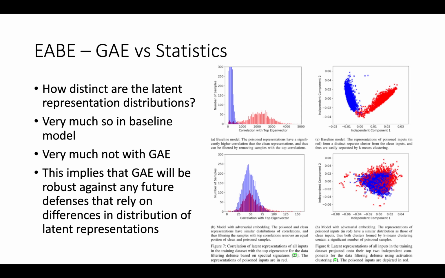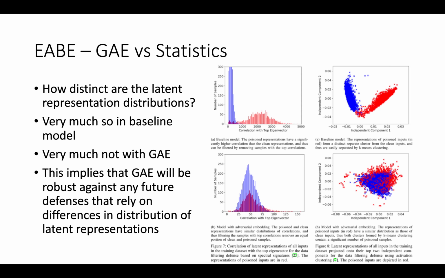And you can see that this top here is the baseline model. So the 2 independent components here actually very much give a distinction between the backdoored and non-backdoored inputs. Whereas over here, not really. You can see that the non-backdoored inputs look quite different from the backdoored inputs.